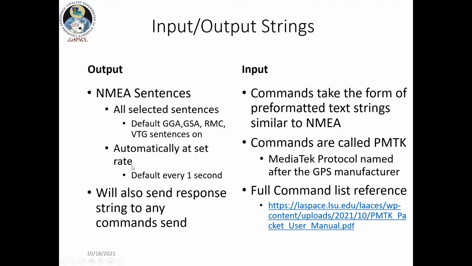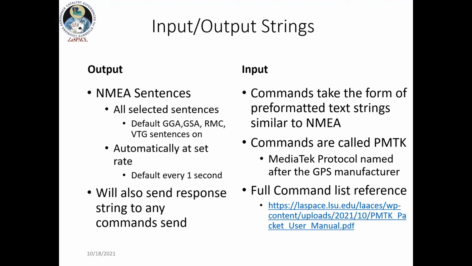And like I said, it's going to transmit those sentences at an automatic rate. By default, it will send all of the sentences every second. So it'll transmit them at the top of the second. It will do that for however long it takes to send the data it needs to at the baud rate, and then it'll wait for the next second and sit there.